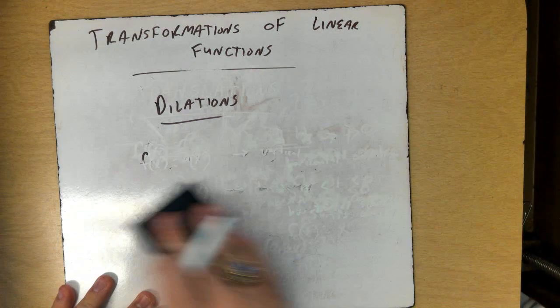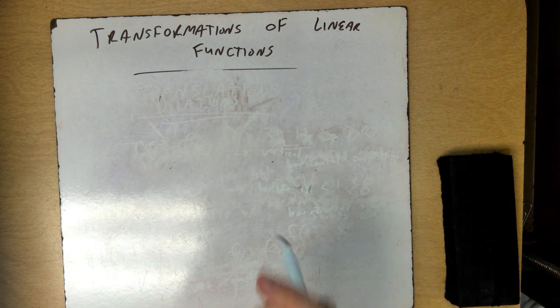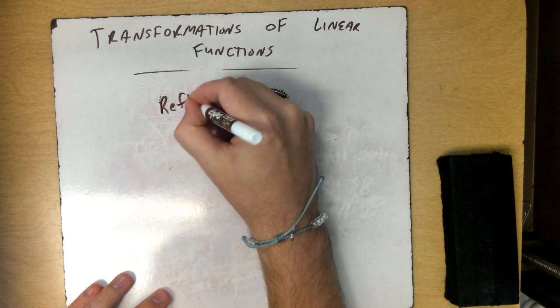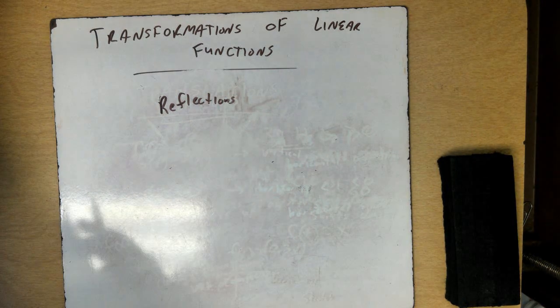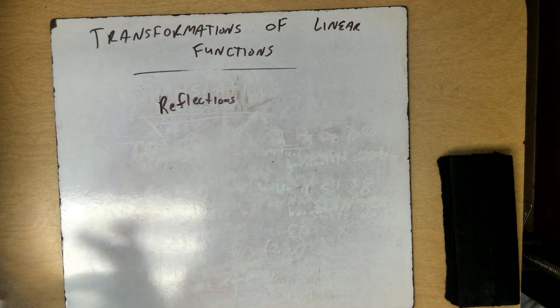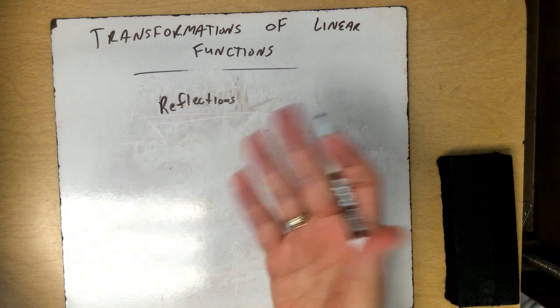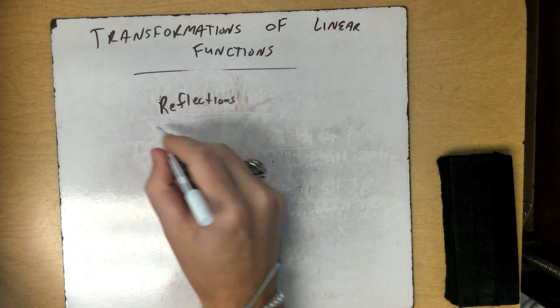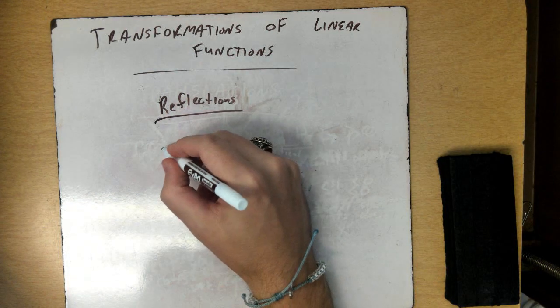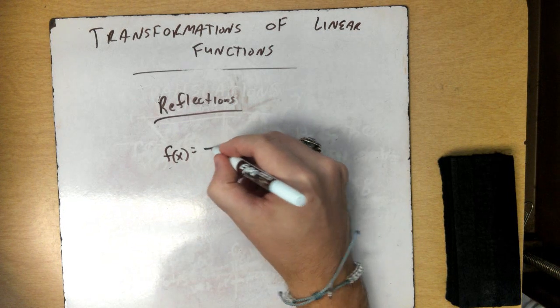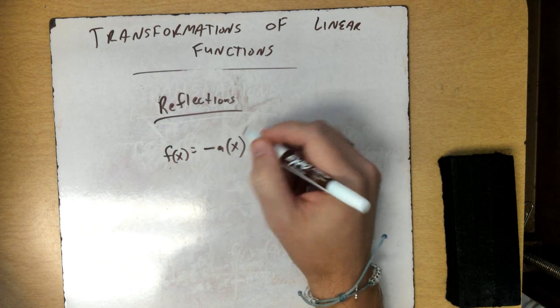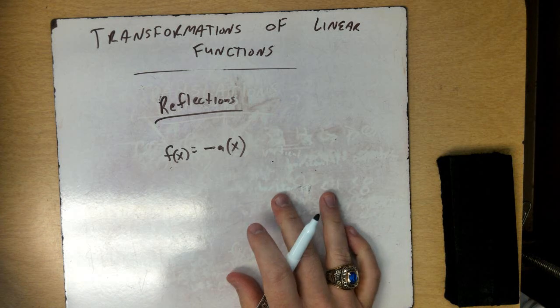All right, one more. We got to talk about reflections, okay? So reflections happen just the way it says, right? You're basically going to flip it over the axes, okay? So let's say we have this. F of x equals negative a with x in parentheses, okay?